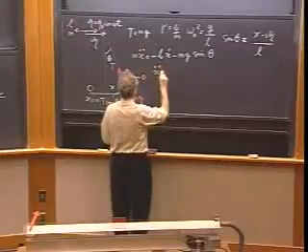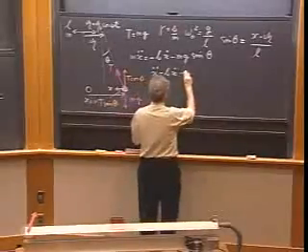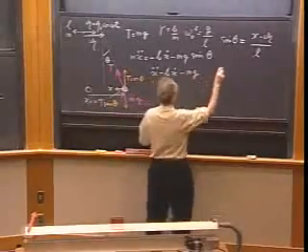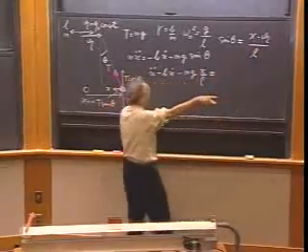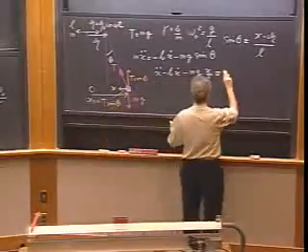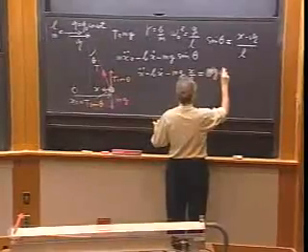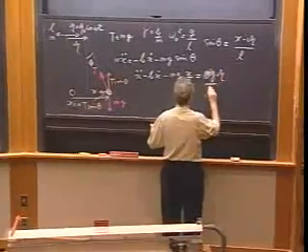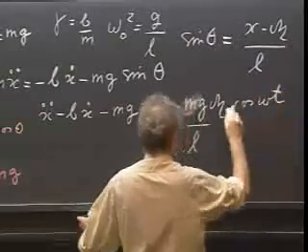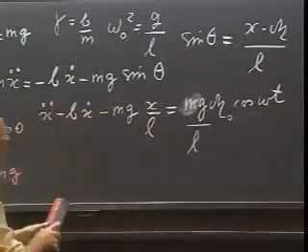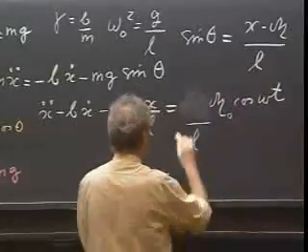Let's just say m x double dot minus b x dot, and now we get minus mg times x over L. And now we bring Walter Lewin to the other side, and so we get plus mg times eta divided by L, and eta is eta 0 times cosine omega t, because I am moving my hand, so that eta is a function of time. Let me write down an mg in here, and then we'll check this.